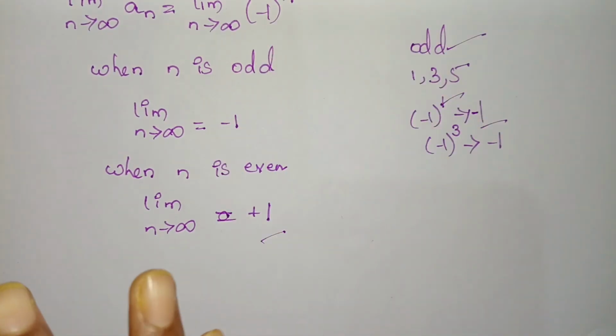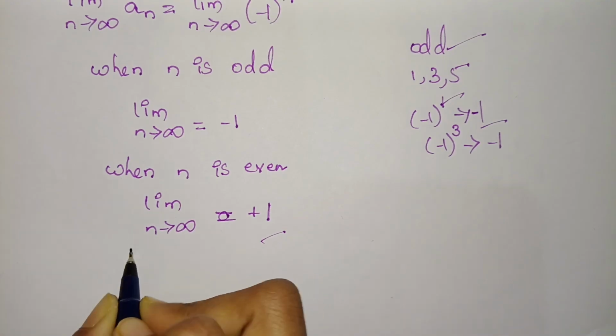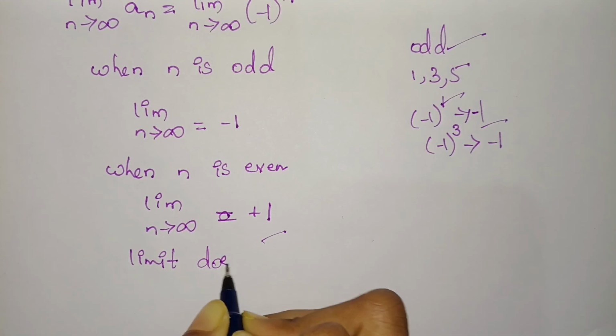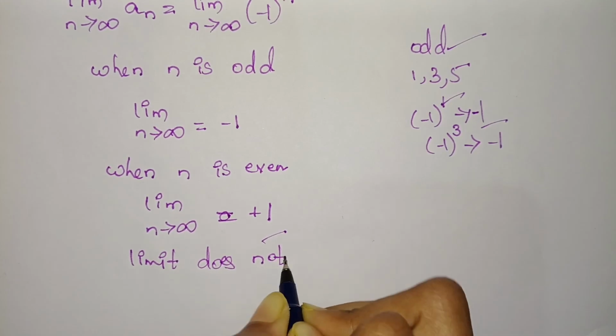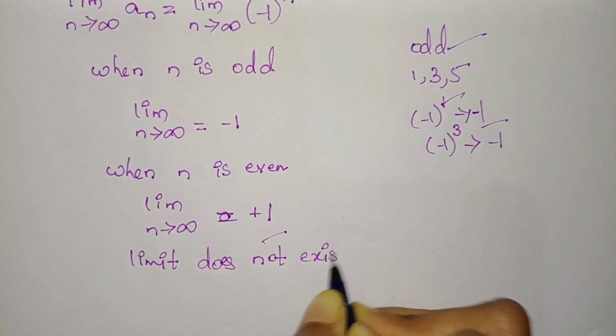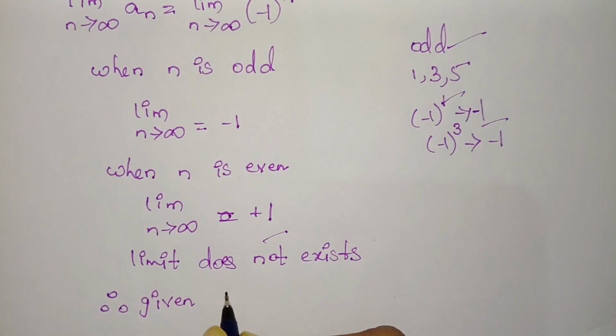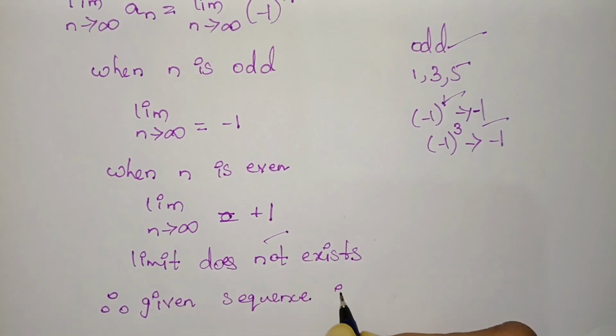So the limit does not exist. Therefore, the given sequence is not convergent.